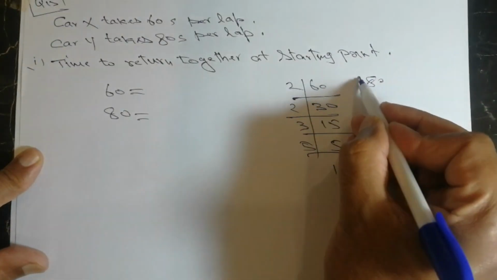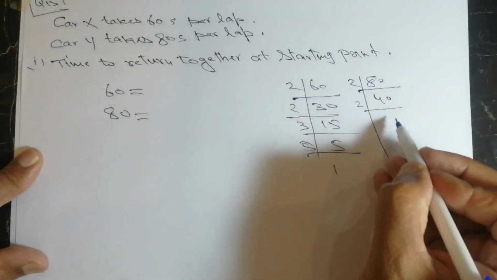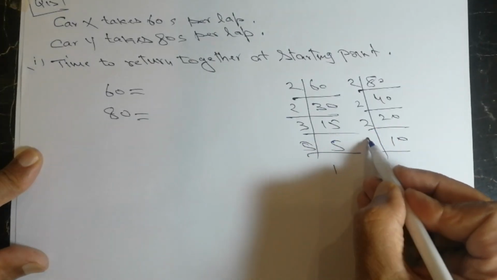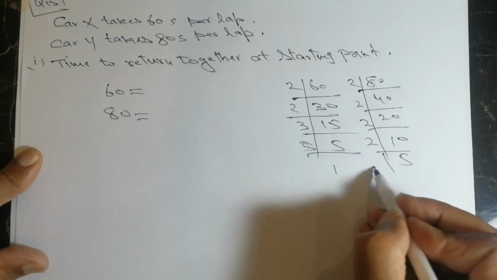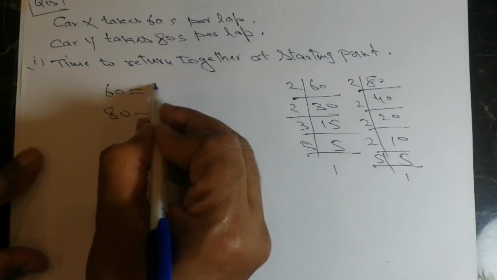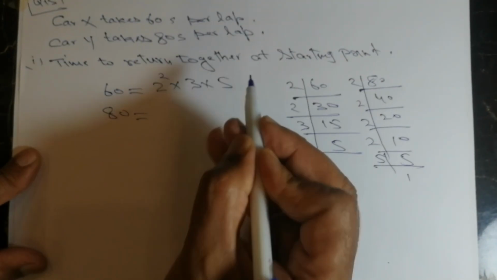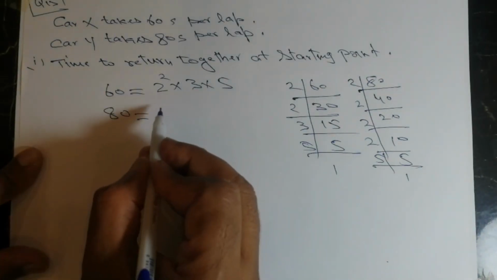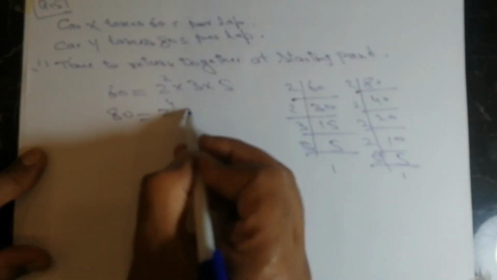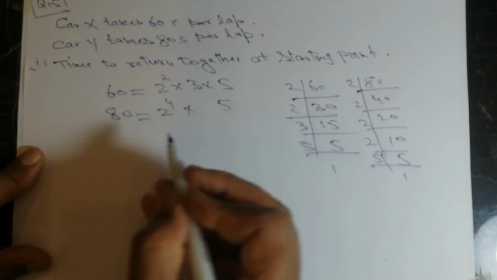And for 80, factorization: 2 40s are 80, 2 20s, 2 10s, 2 5s are 10, 5 1s are 5. So 60 is 2 raised to power 2 into 3 into 5, and for 80, 2 raised to power 4 into 5.